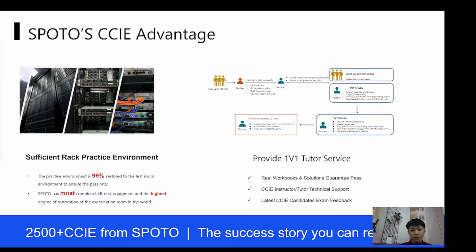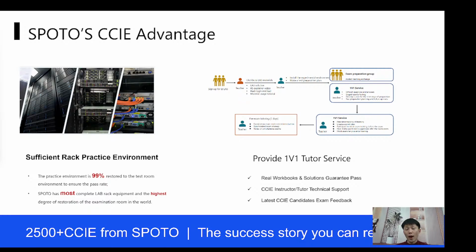Why you need to choose SPOTO. First of all, the practice environment we provide for everyone is very sufficient. You can flexibly arrange your spare time to practice. The most important thing is that our practice environment is almost the same as the actual exam environment, so don't worry about practical difficulties.